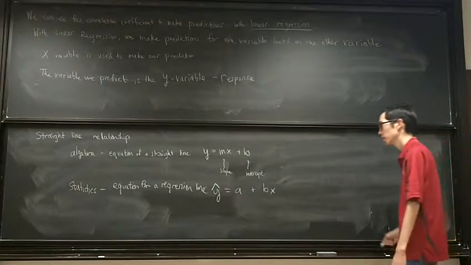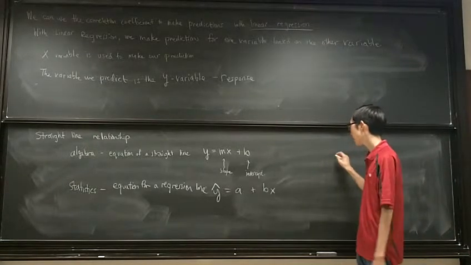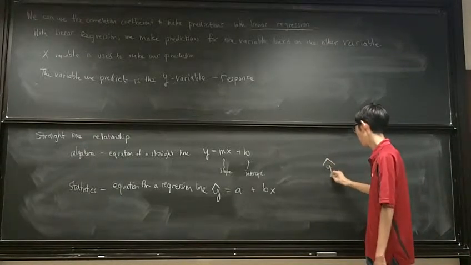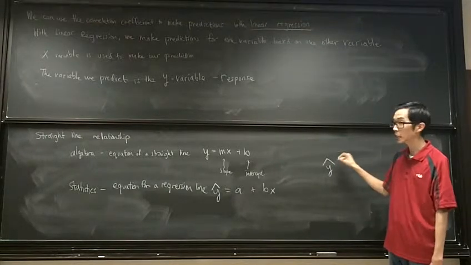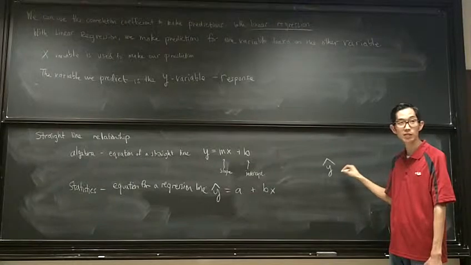Anytime you see a hat, the hat on the y means it's not the actual value of y, but the predicted value of y.